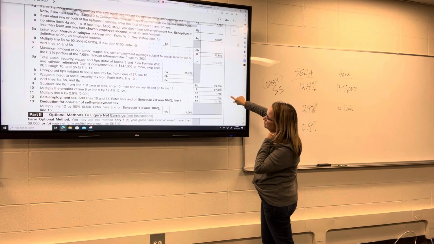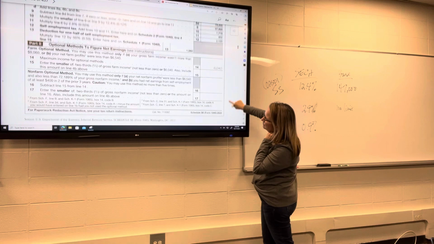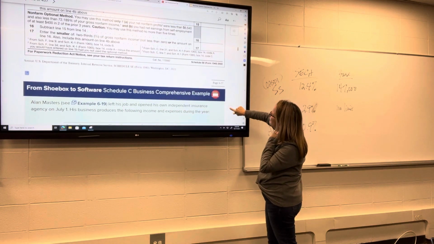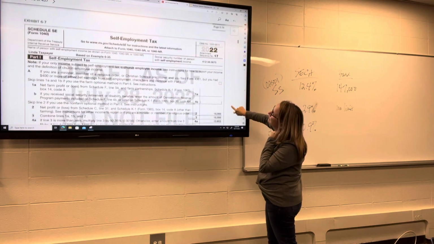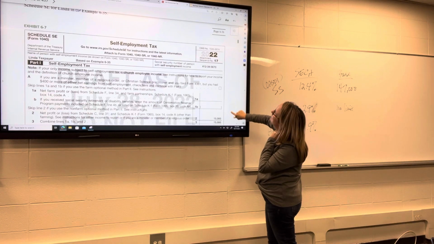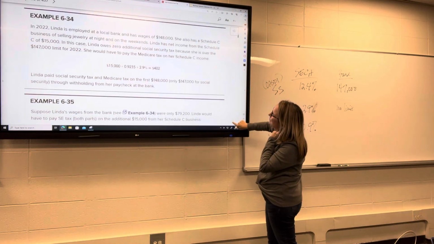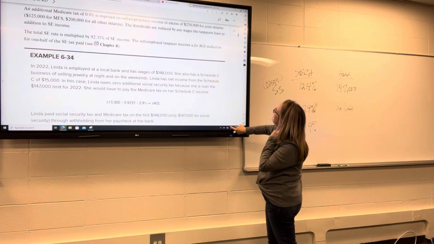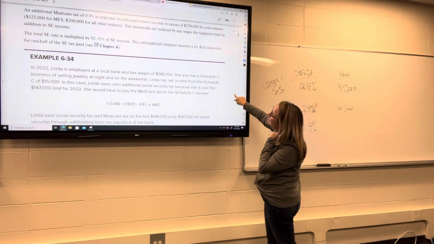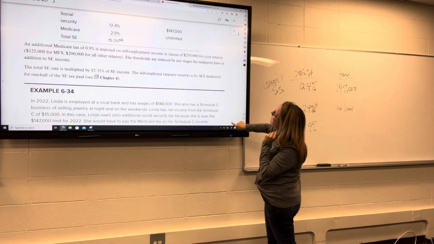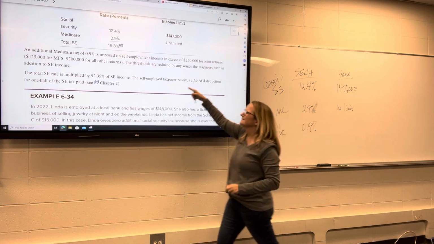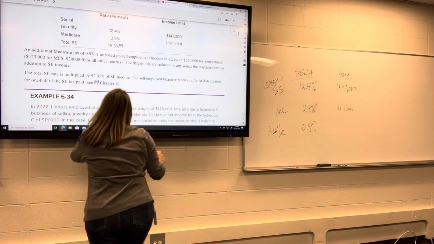I think it's like downstairs, example 635. Oh, sorry, right above example 634, not 5. So I think you could, like right there, up a little bit more, up one more, right there, at the top. Is that where it is? The 250 for joint returns. Oh, is it? Oh, yeah, I'm looking for a table. I don't like it when they do that.